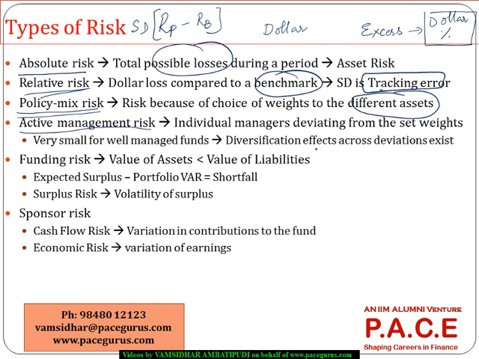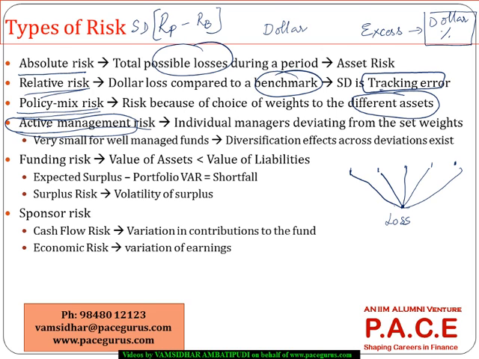Whereas when I talk about active management, these are the weights that are assigned to different assets, but the individual portfolio manager has deviated from these allocations. Because of the deviation of the portfolio manager from the established weights, there is a possibility of some loss coming up. And that loss is what we call active management risk.